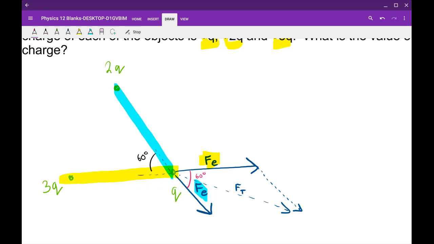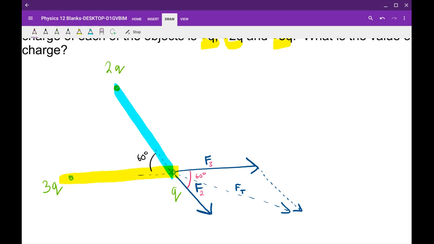So they're both called FE at the moment. So that's not a good idea. I want to differentiate these guys a little bit. So I'm going to call one of them F2, and I'm going to call the other one F3. How's that sound? I'll call this one F3, and I'll call that one F2.